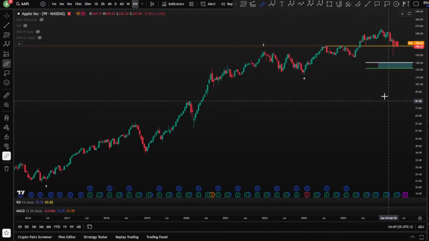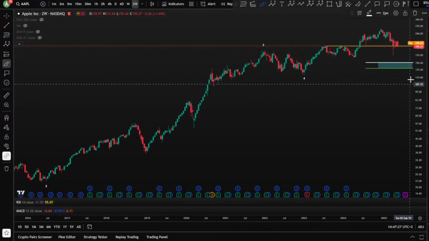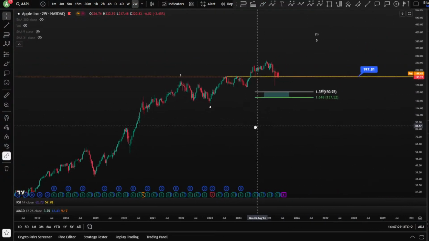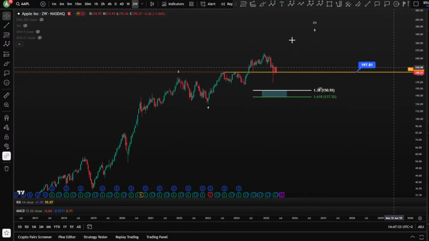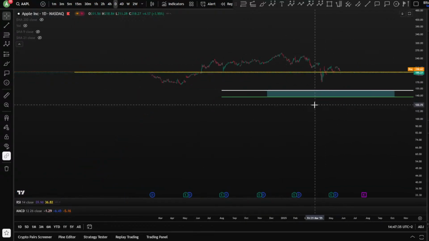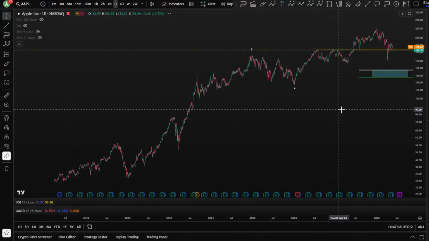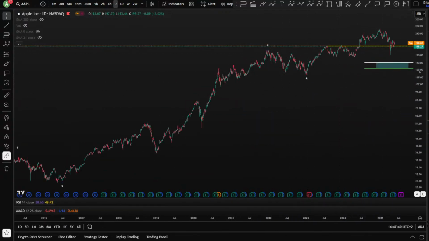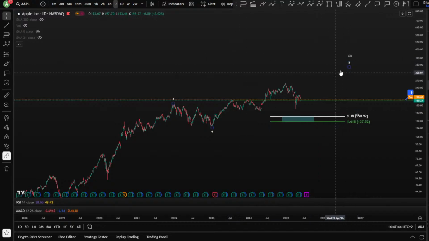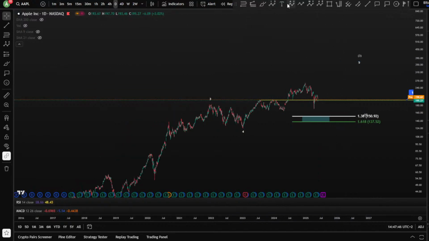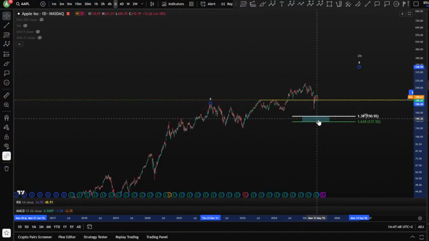Currently, we finished a very deep correction here, and we're still potentially correcting. We are looking for a potential wave 5. Obviously this wave 5 is not finished and we're not looking for it yet. You are still corrective here on Apple.